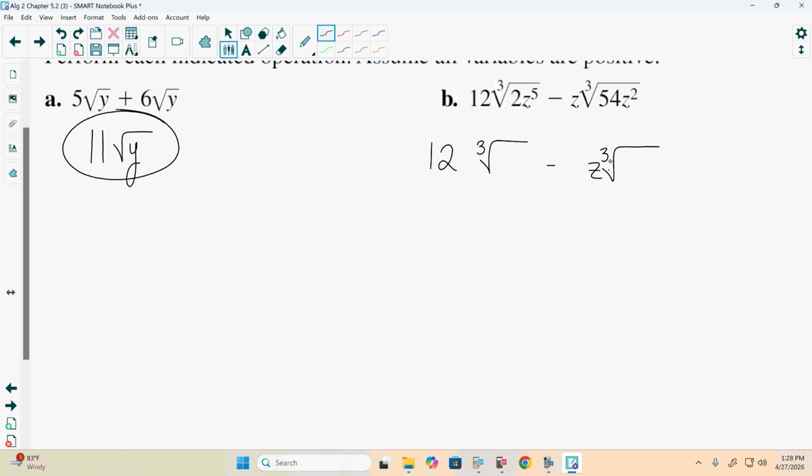And one of the interesting things with this here is the radicals themselves will tell us and give us hints at what we need. Because if I look at the first one, cubed root of 2z to the 5th, can I take the cubed root of 2? No. So that means whatever's in this radical is also going to have a 2, yes?